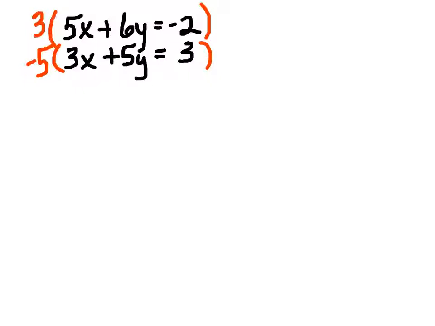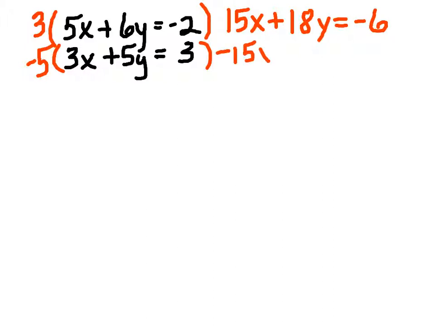And what this gives me is 15x plus 16y equals negative 6. And then for the other one, I'm going to have negative 15x minus 25y equals negative 15.